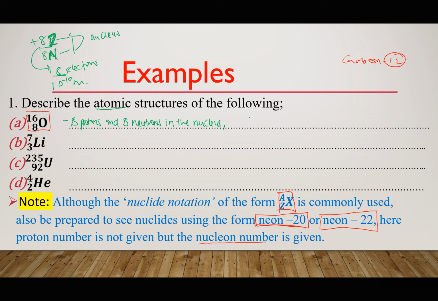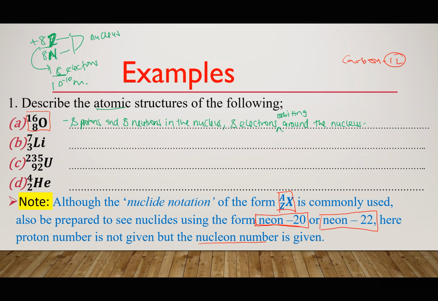Because it has 8 protons, I'll also say it has 8 electrons orbiting around the nucleus.